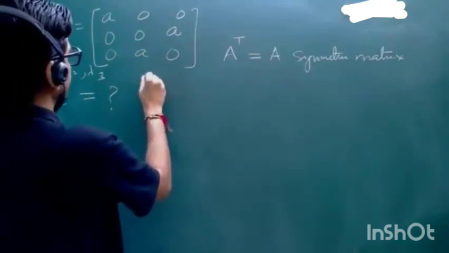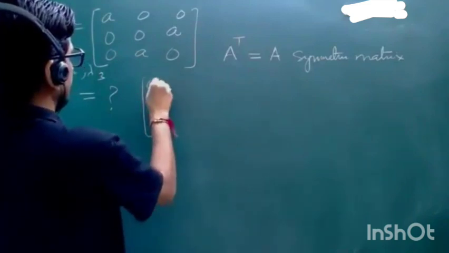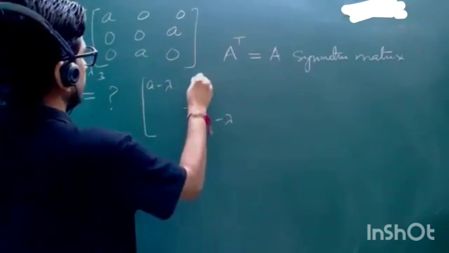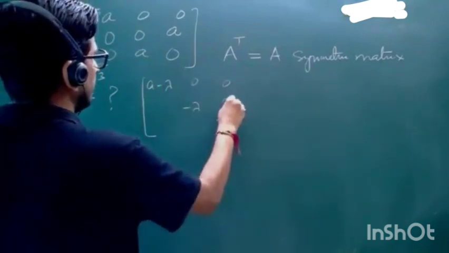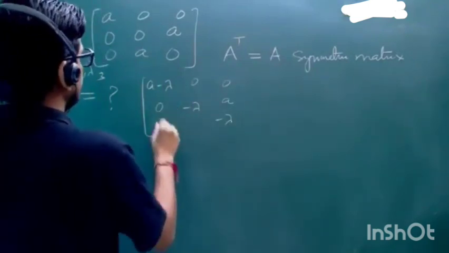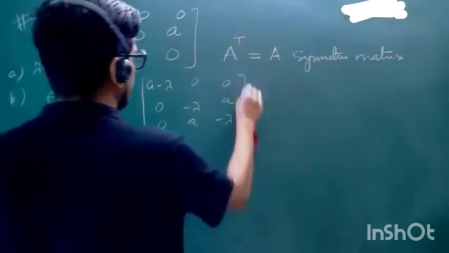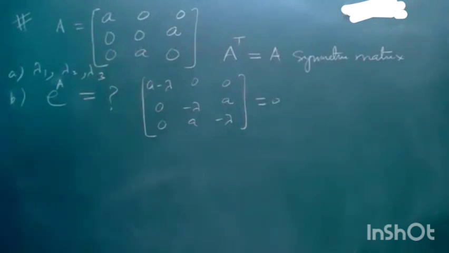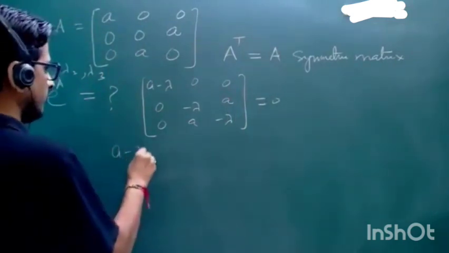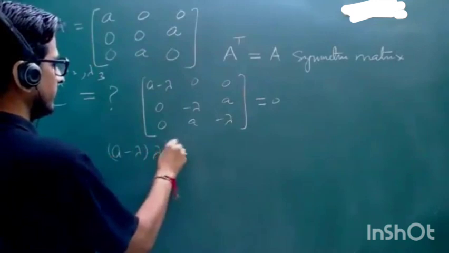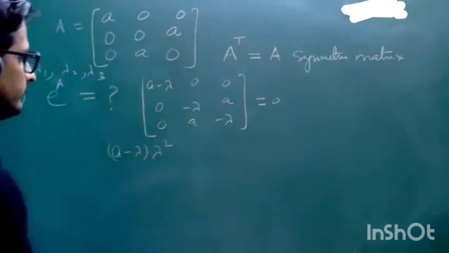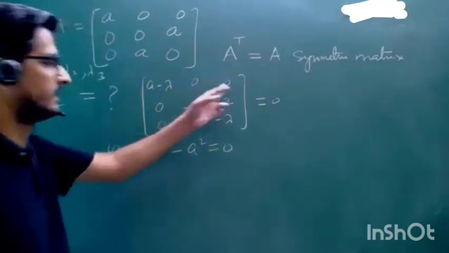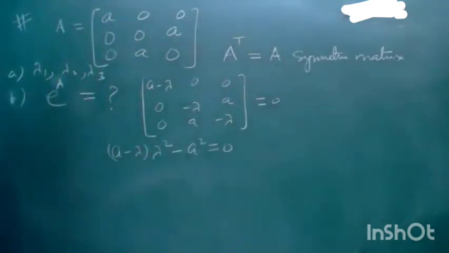So that will be A minus lambda, minus lambda, 0, 0, a, 0, 0, a. This we will put equal to 0, the determinant value. So what I will get is (a minus lambda) times (lambda square minus a square) is equal to 0, because these terms will not contribute, correct?